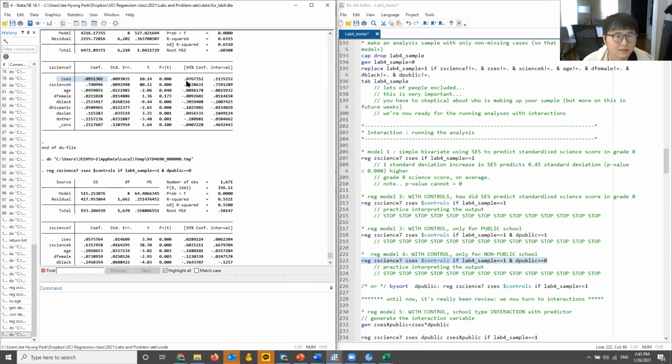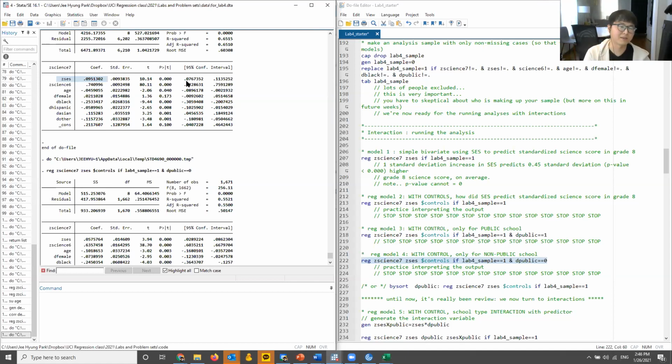Question. I'm sorry, would this be controlling for the differences between SES for public and non-public? Because if I think about it, I would assume that people who go to private school are in a higher category of SES and wouldn't be as variated in SES levels compared to public schools. Yeah. So it could be a selection problem, right?